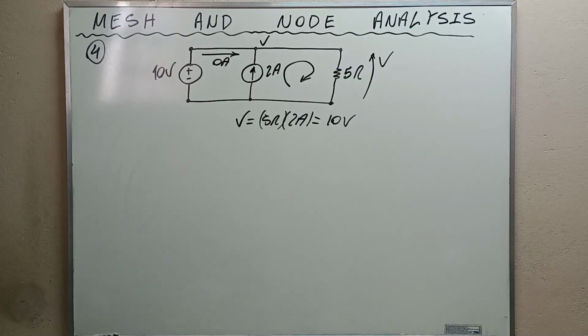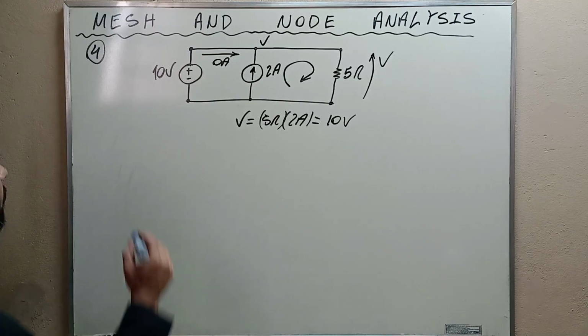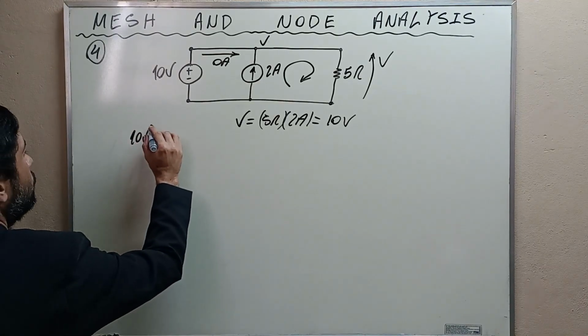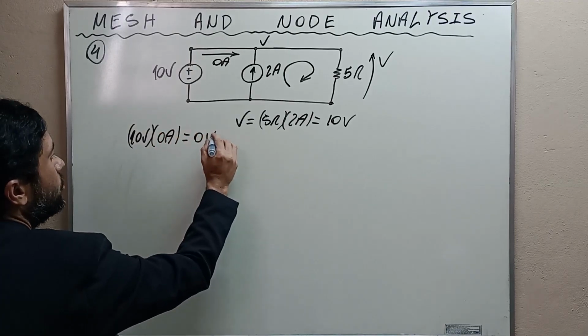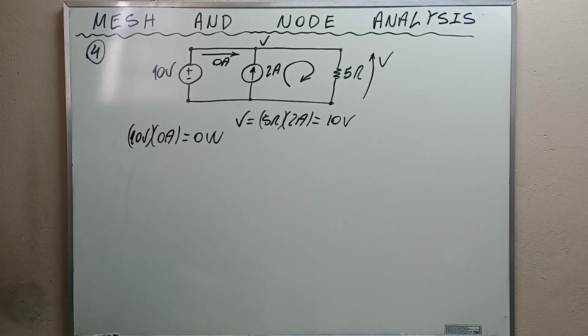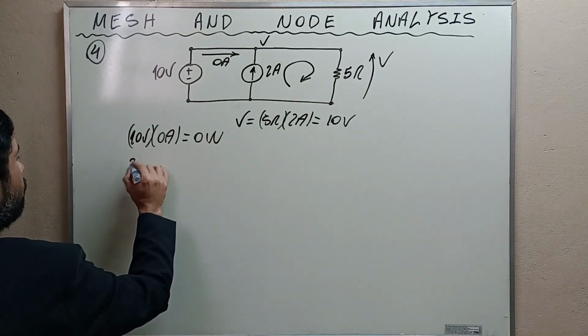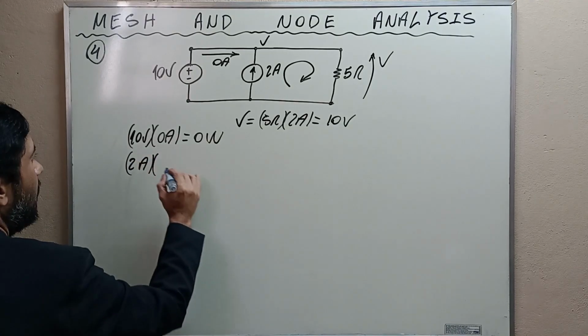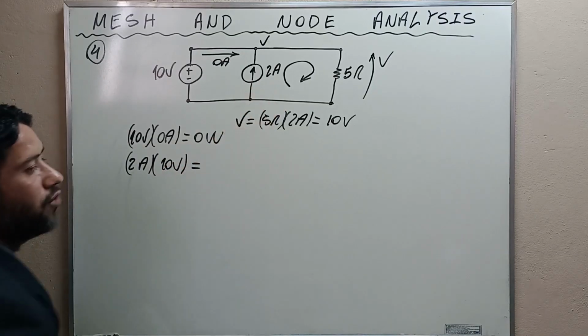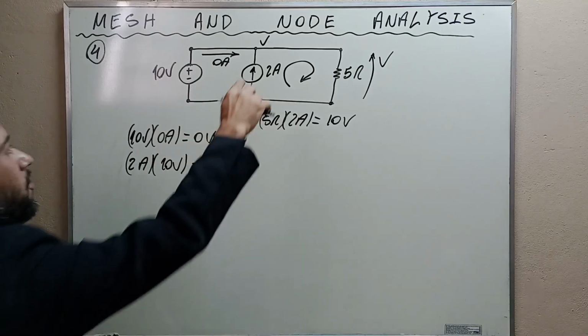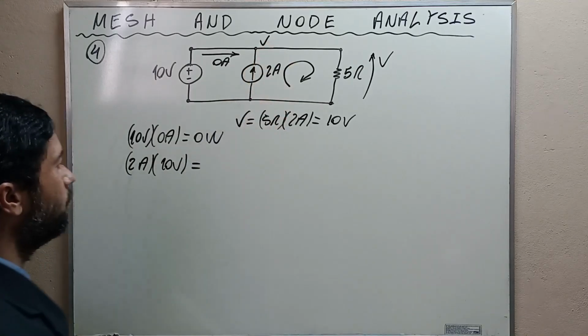Subsequently, we calculate the powers, and the power delivered by the voltage source is 10 volts times 0 amps, which is equal to 0 watts. And how about the power delivered by the current source? It is going to be 2 amps times 10 volts, because on top of the current source there is this voltage here of 10 volts.